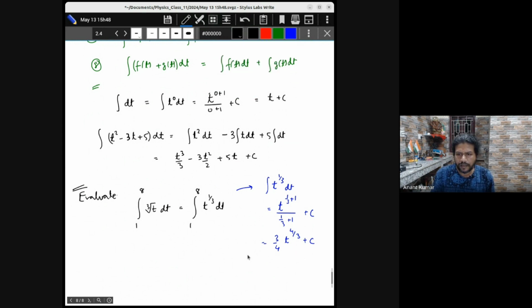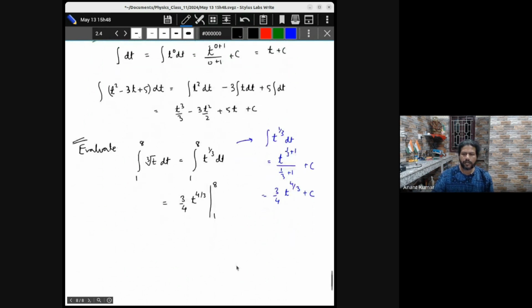Normally we write it in this fashion: 3 by 4, t raised power 4 upon 3, and I just put a vertical line, plugging in the upper and lower values like this. This indicates that you're interested in finding the values at the upper and lower limit and then subtracting. So I get 3 by 4 into 8 raised power 4 by 3 minus 3 by 4 into 1 raised power 4 by 3. Okay.